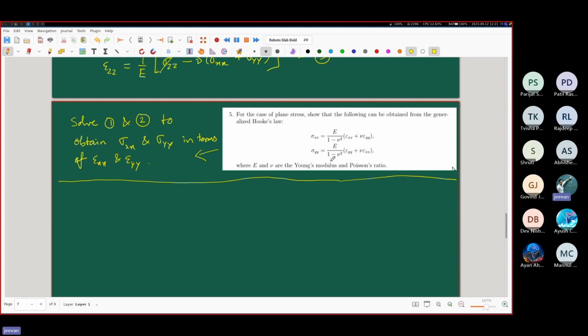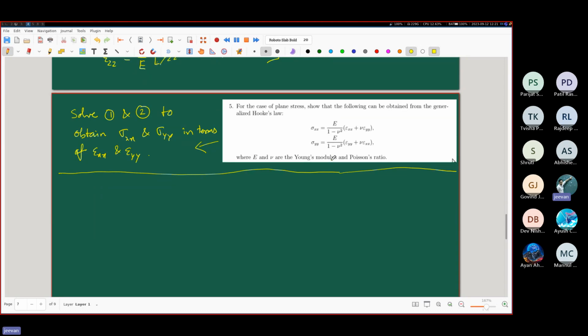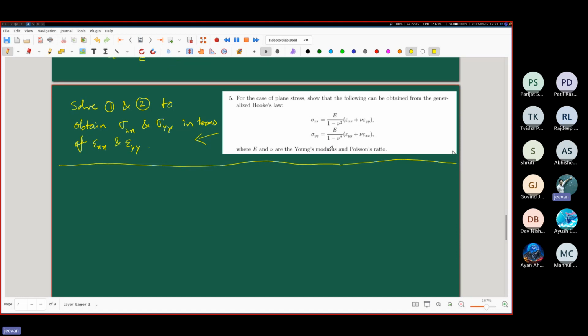We are going to use these, not the general expressions from the generalized Hooke's law. These also have been obtained from the generalized Hooke's law, but under the condition of plane stress. Since in question number 6 we are again asked to deal with plane stress, we are going to utilize this.